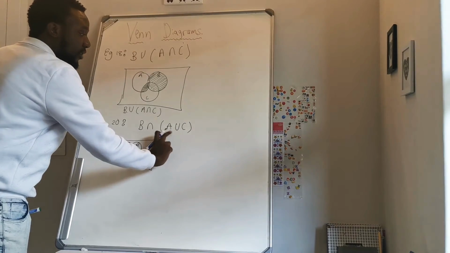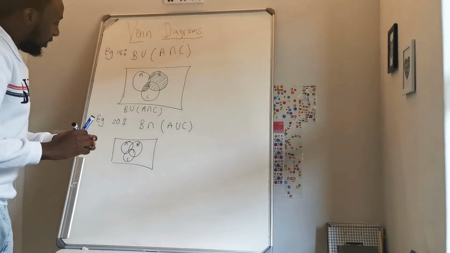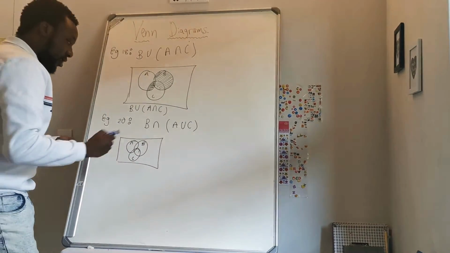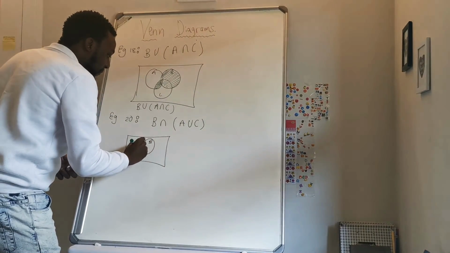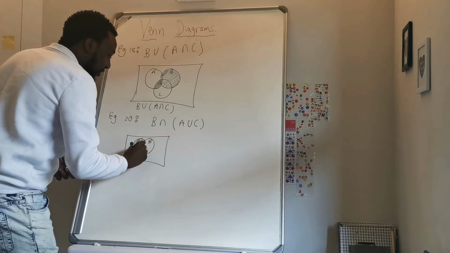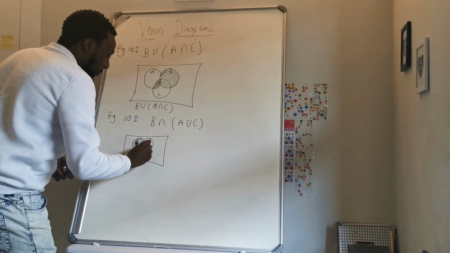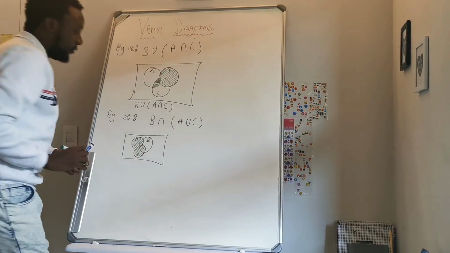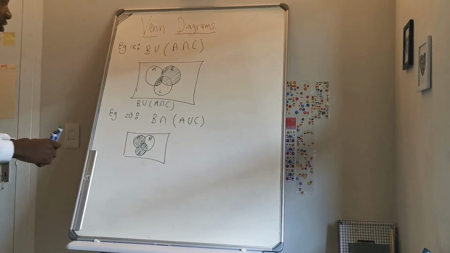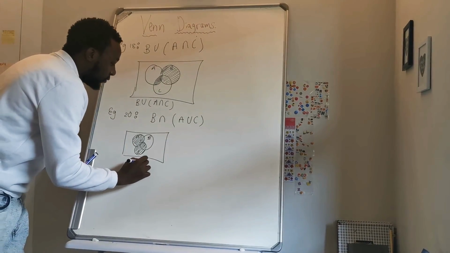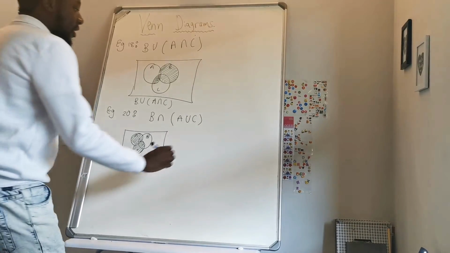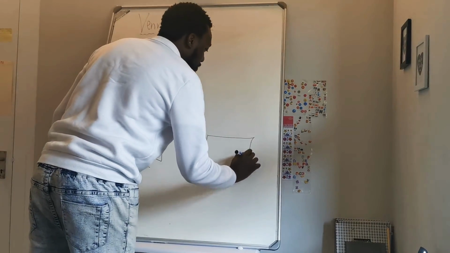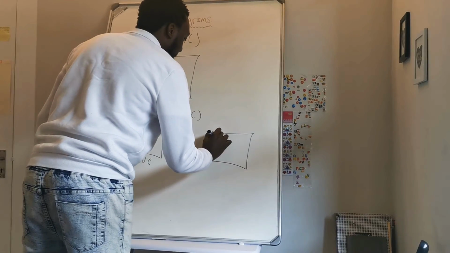Alright, so I'm going to draw the A and C union. A and C union is just all of A, right, and all of C. That's the union of A and C. And this side, I'm going to draw what B is.